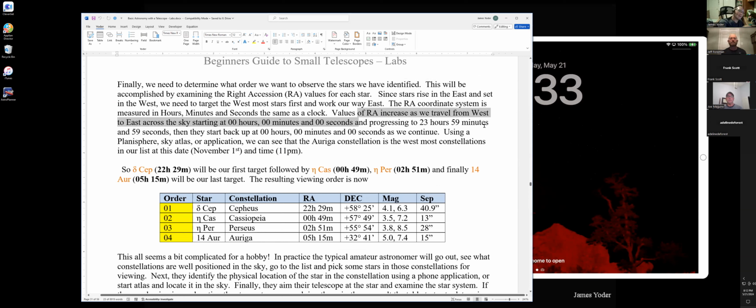Remember, it's like a clock. So we want to look at the right ascension of these and order them. The first one that's up is 22 hours; that's going to be the most west. Then you go to the next number, flipping over to 0 hours, 2 hours, 5 hours, and it goes on from there. So this is how I would order these. I would look at those stars in that order.